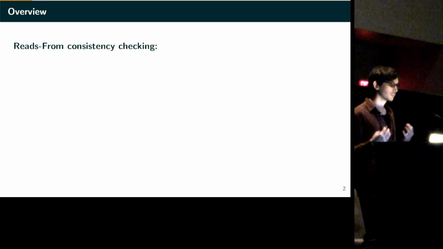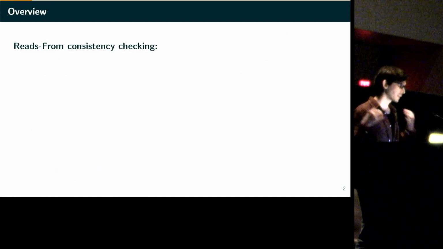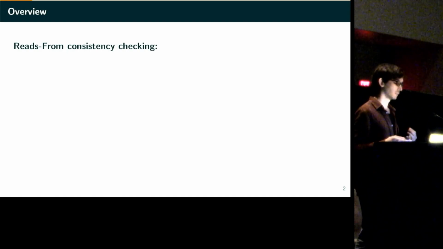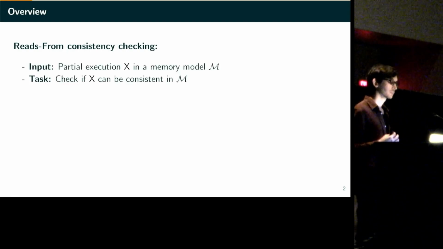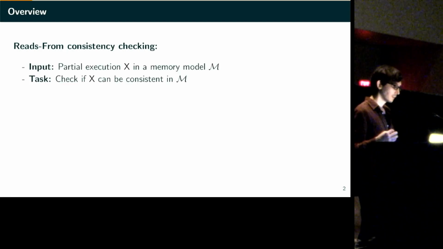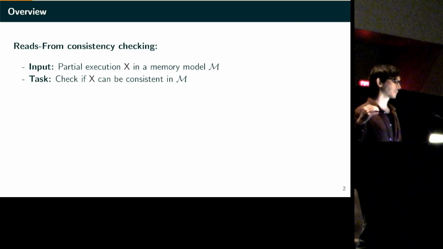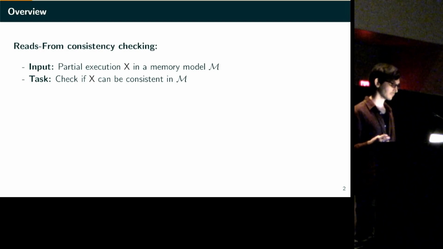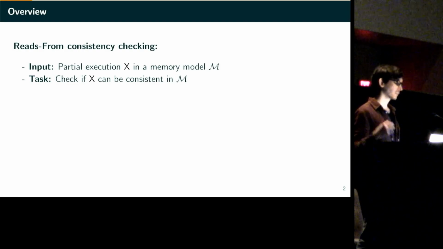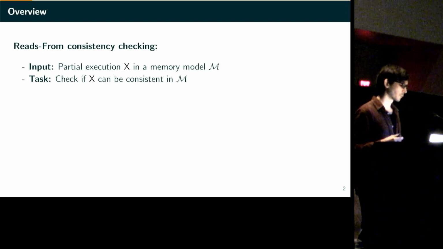So at a high level, reads from consistency checking is a fundamental problem associated with a memory model. The input to this problem is a memory model and an execution about which we only have some partial information, such as we know where each load is getting its value from, but we lack certain other information about the program. The task is to check whether this given execution can be consistent in the given memory model.